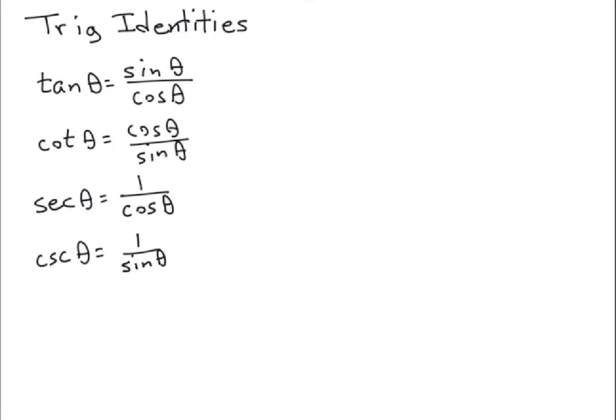Also, we have that the reciprocal of any trig function is just another trig function. For instance, secant theta equals 1 over cosine theta. But this also works the other way around, where cosine theta is 1 over secant theta.